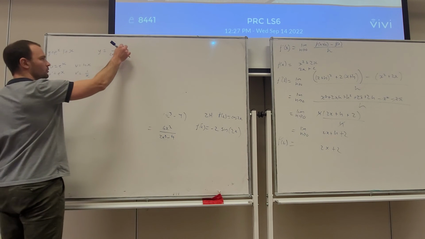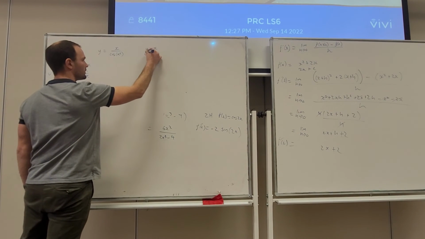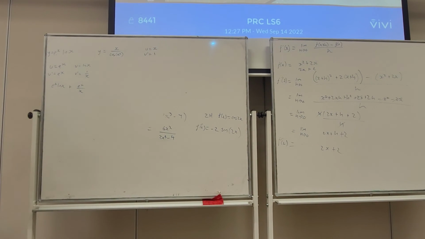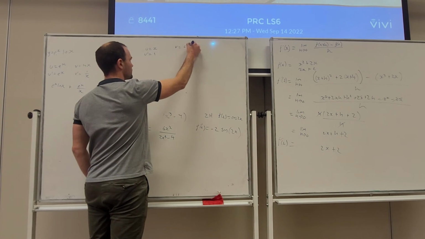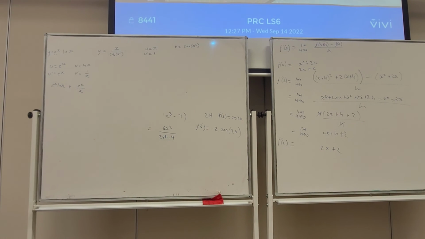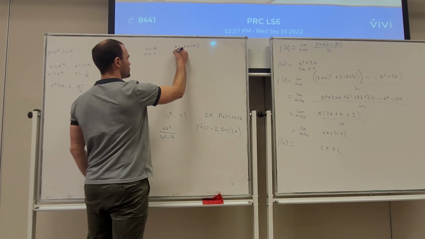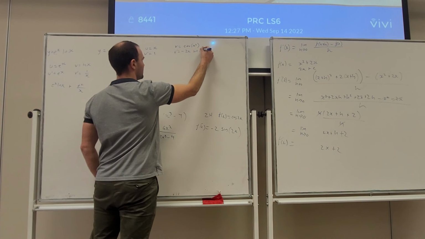Alright, for the quotient rule, we have u on top of v. So we're going to u is x, u dash is 1. V is cos of x squared. So that cos of f of x. And so then v dash is going to be minus f dash of x sine of f of x.